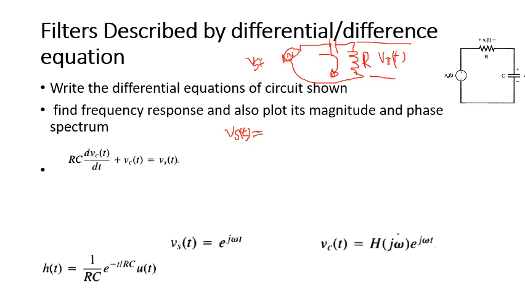So the source voltage is divided between the voltage across the capacitor and the voltage across the resistor. So that will be VC(t), let's call it VC(t) for the voltage across the capacitor, plus VR(t), which is the voltage across the resistor, right?